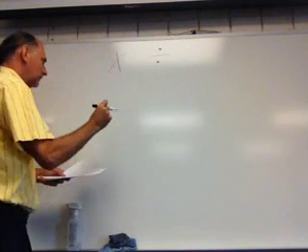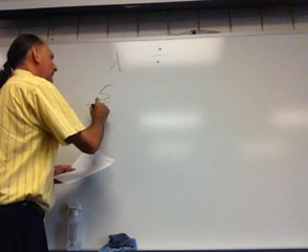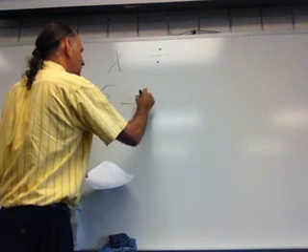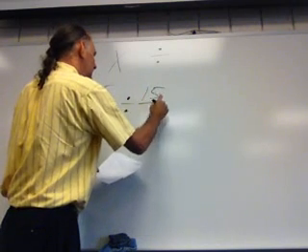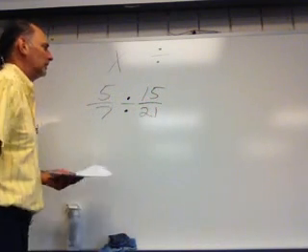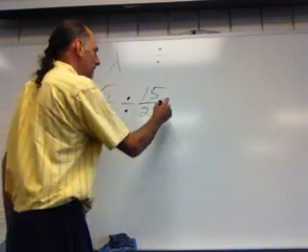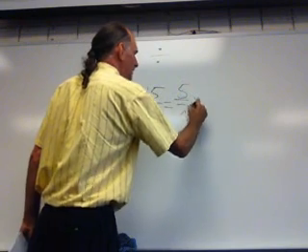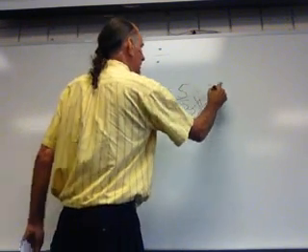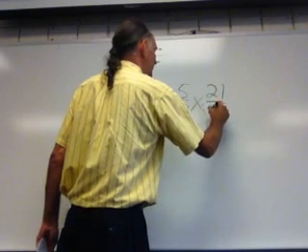All right, let's do this. 5/7 divided by 15/21. What we really have is 5/7, change your sign, invert, 21/15.